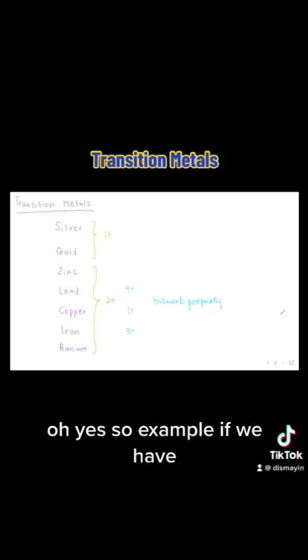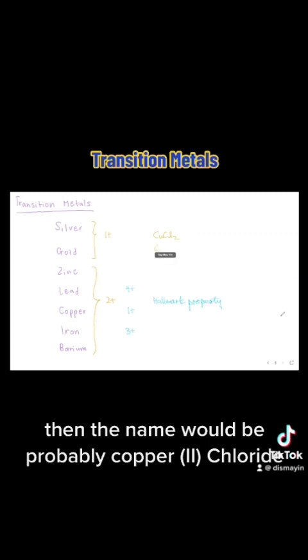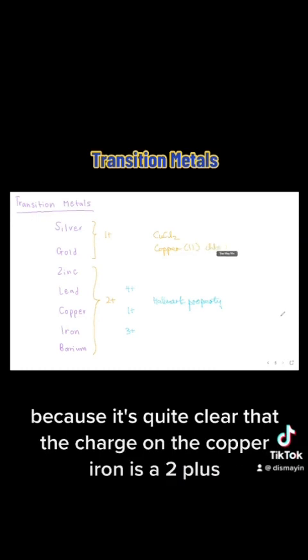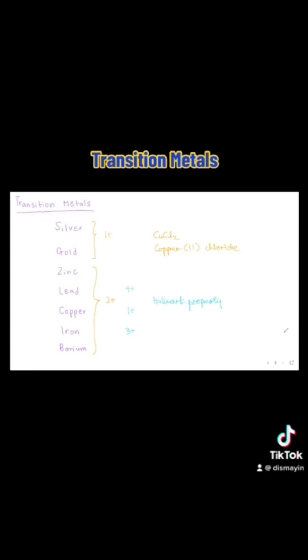For example, if we have something like CuCl2, then the name would be copper 2 chloride, because it's quite clear that the charge on the copper ion is 2+, being balanced by two Cl minus.